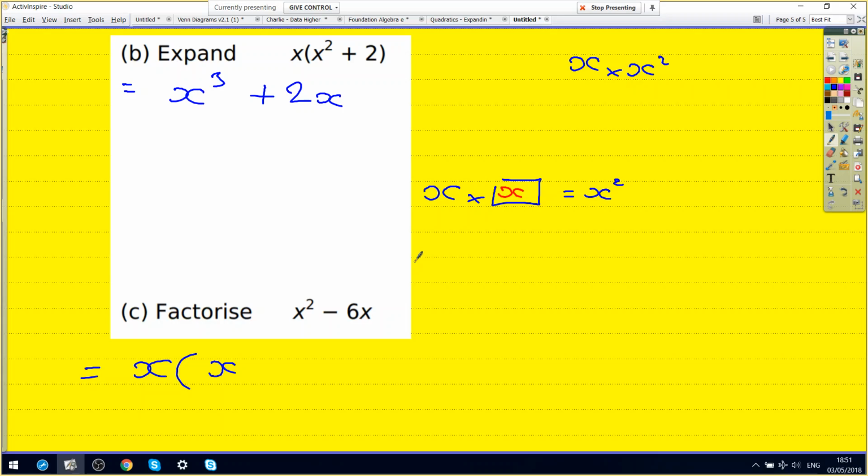Like you're dividing it by x, so you're unmultiplying it by x. So x times what gives you 6x? X times 6. Yeah. And will this be plus or minus in the middle? Minus, I'd like. Yeah, minus. X times minus 6 is minus 6x. Okay, any questions there?